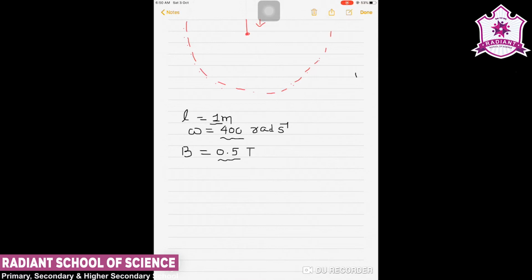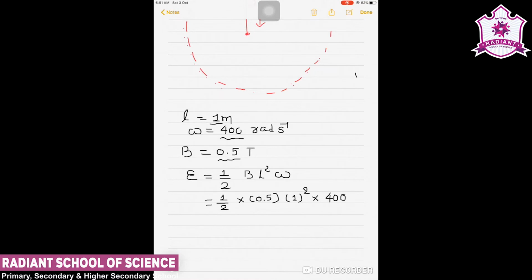As per the equation that we have for the ring, that is 1 by 2 B L square omega, we just have to put all the values: 1 by 2, B is 0.5, L is 1 square, and omega is 400.